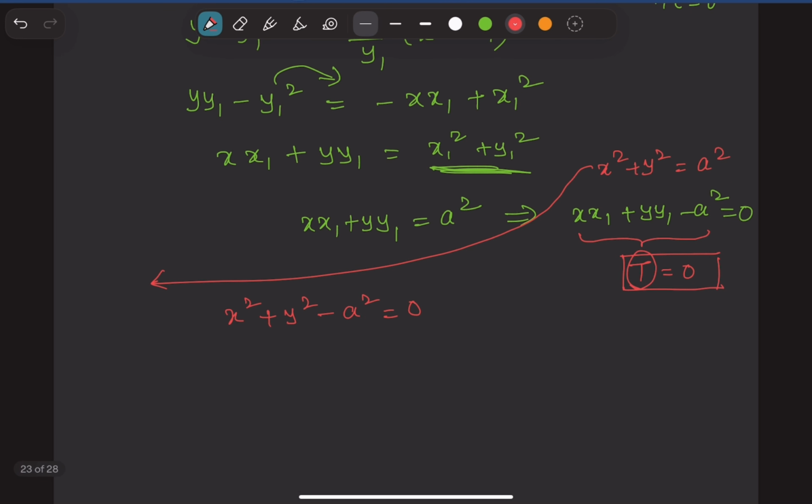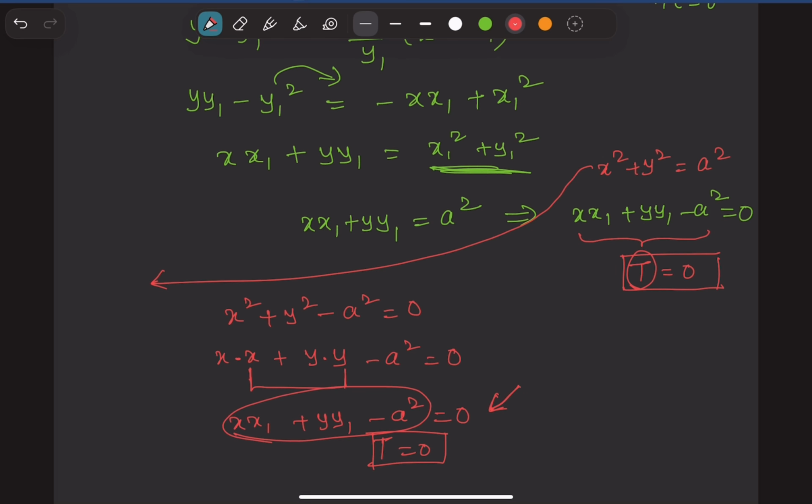Now this can be written as x into x plus y into y minus a square is equal to 0. So replace one x and one y with x1 and y1. So x x1 plus y y1 minus a square is equal to 0. So now this will be your tangent equation. T is equal to 0. So T is this particular expression.